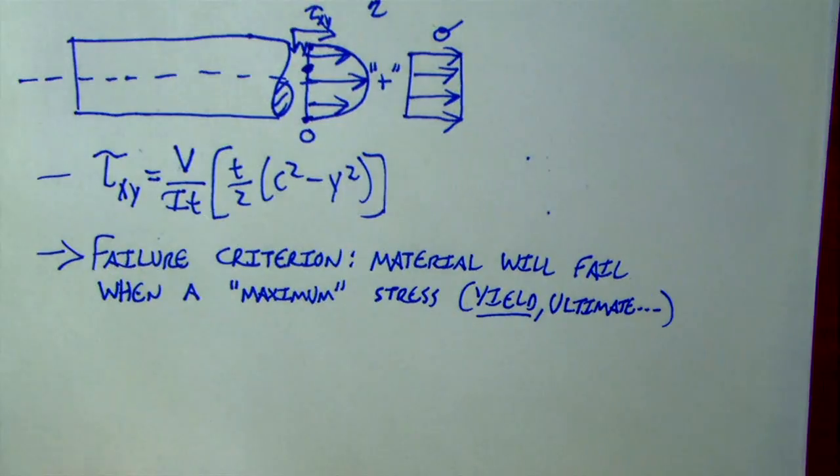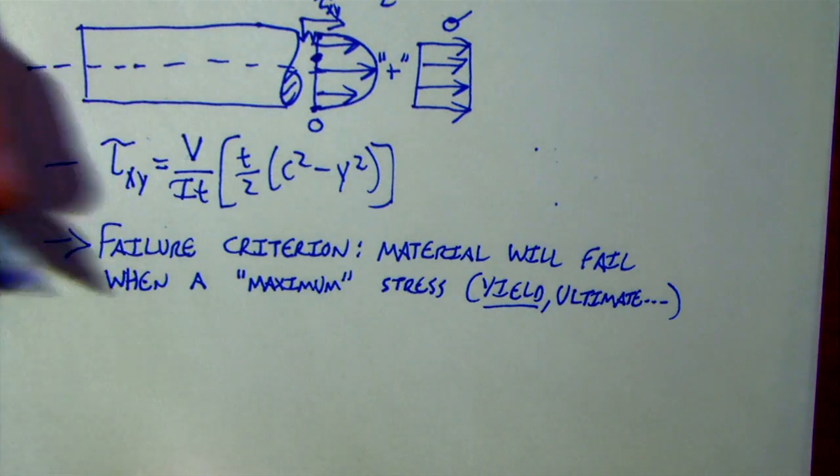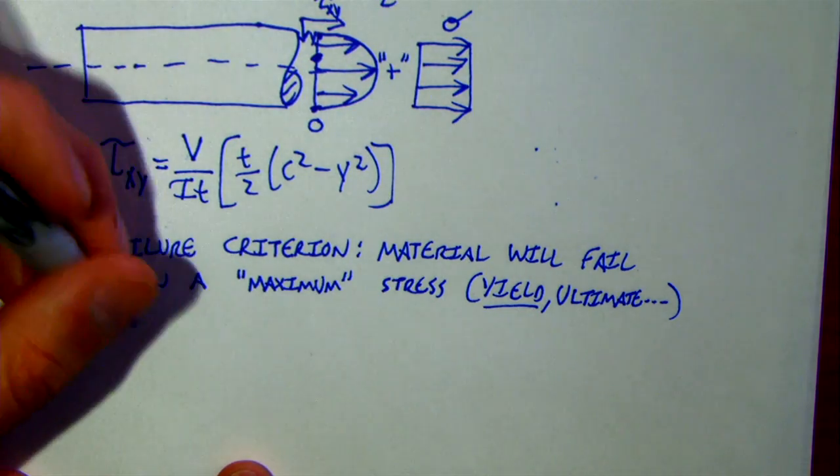Usually we pick yield because that's when the material plastically deforms, permanently deforms, if you will.